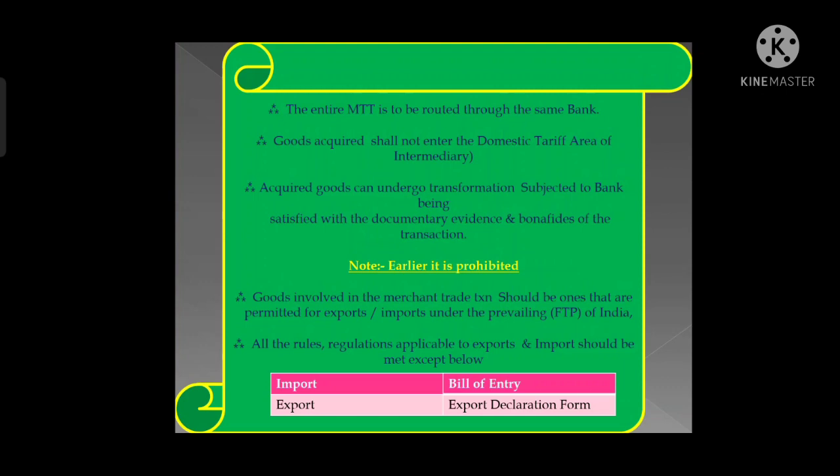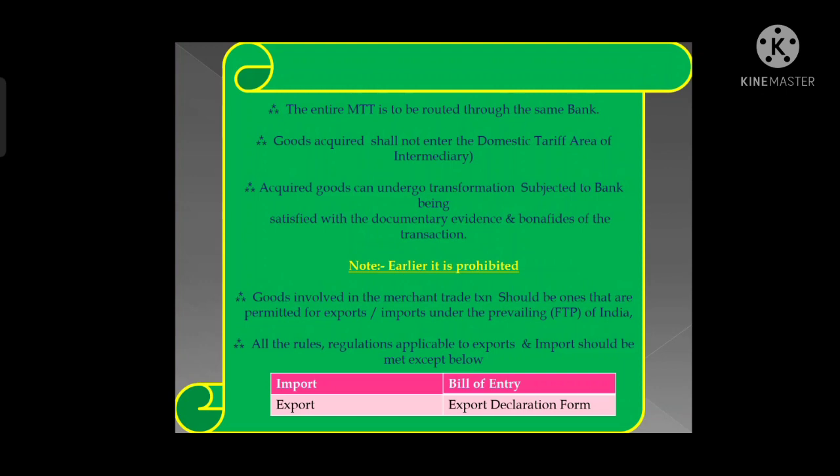The transformation can be in any form. It can be value addition, or any other form. So it solely depends on the bank. If the bank is satisfied with the documentary evidence, the bank can allow the goods to undergo transformation. Earlier, this was prohibited, right?